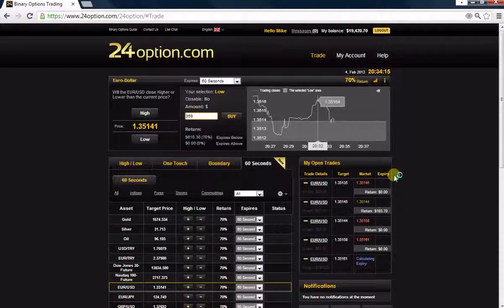Computer is lagging a little bit. Okay, here we are. Our return was $251.60. See, our balance now is $19,672. We have not lost anything. We've only increased our balance quite significantly, actually.